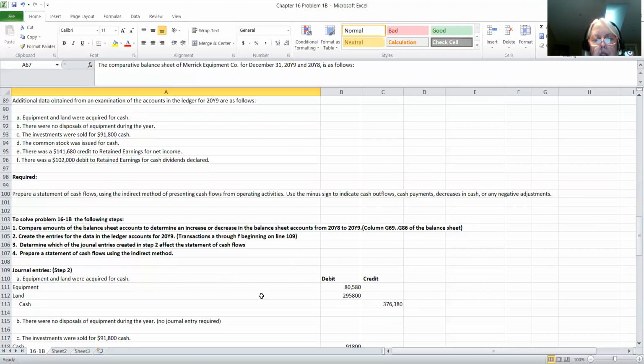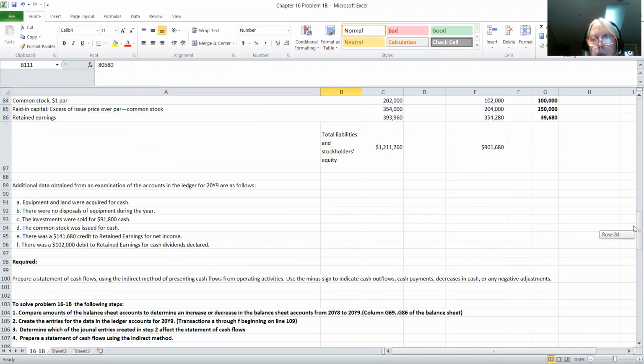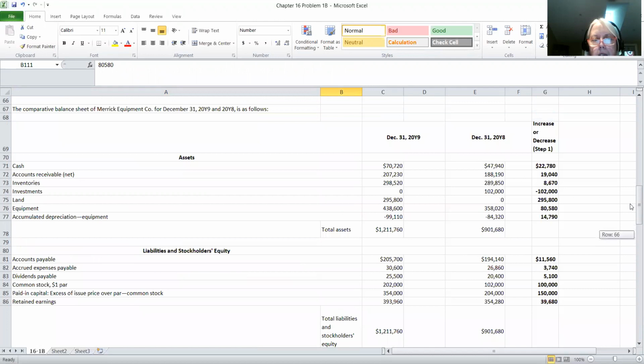So my equipment, what I would need to do is look at my balance sheet that was given to us. Look for your equipment here. Do you see this was the ending balance in 2008, and the equipment grew to this balance in 2009. What that means is we bought equipment for $80,580.